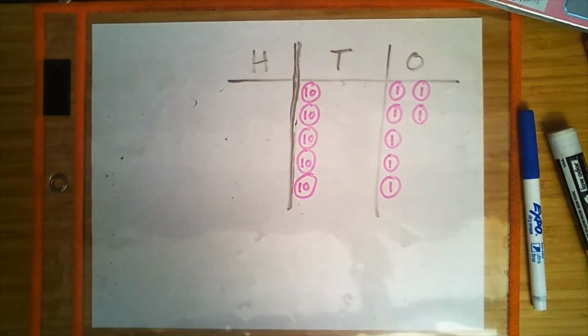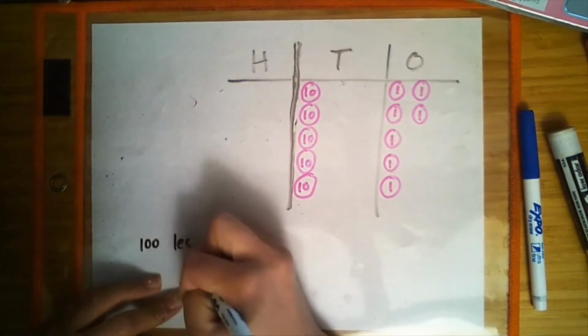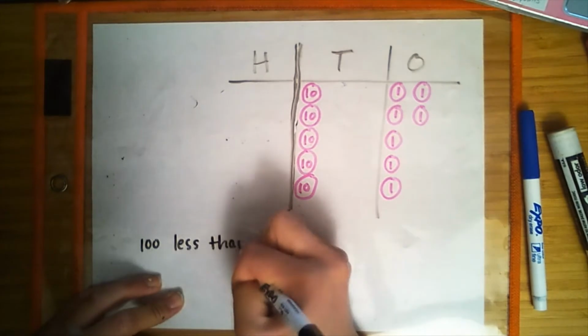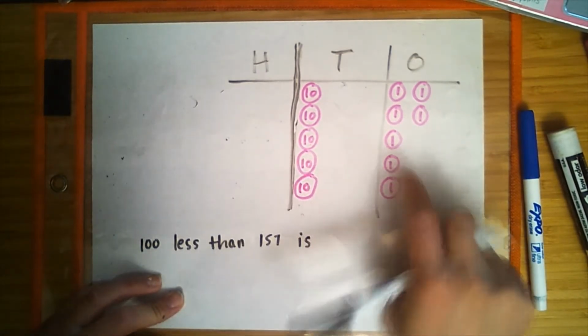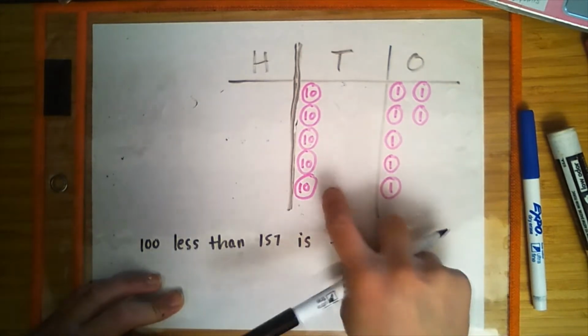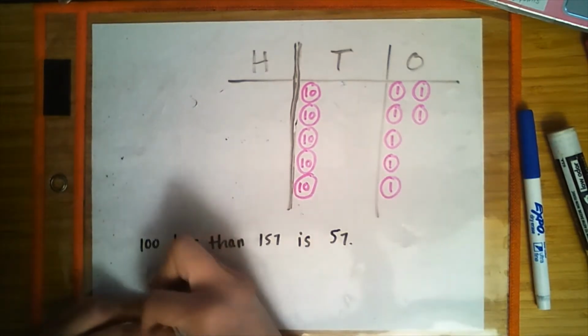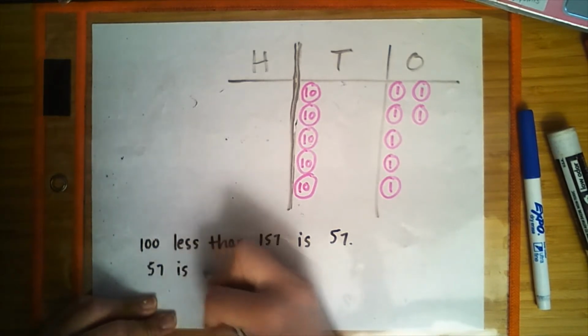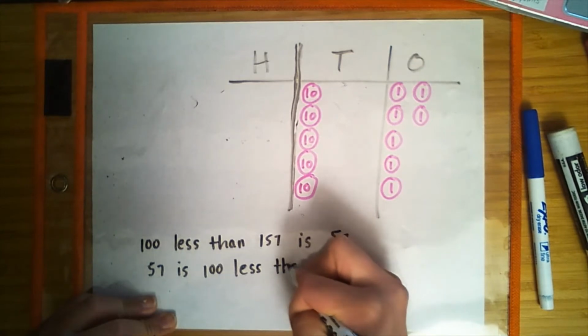Let's use a sentence frame to describe subtracting 100 from 157. 100 less than 157 is 57. I only have 5 tens and 7 ones left. Great. 57 is 100 less than 157.